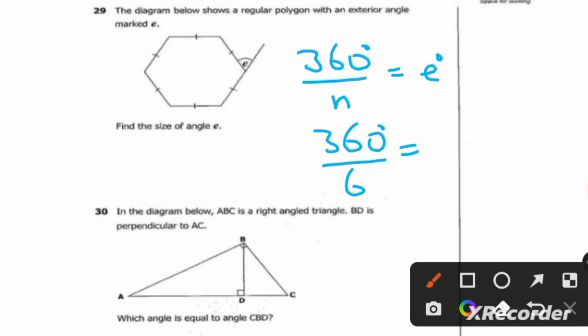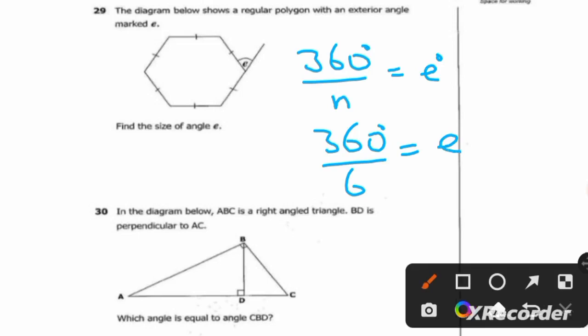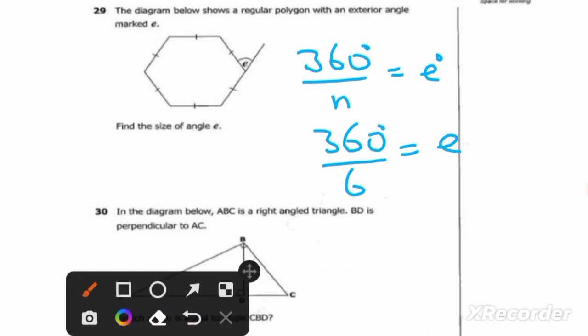So we are going to say 360 divided by 6 is equal to 60. So the exterior angle is equal to 60.